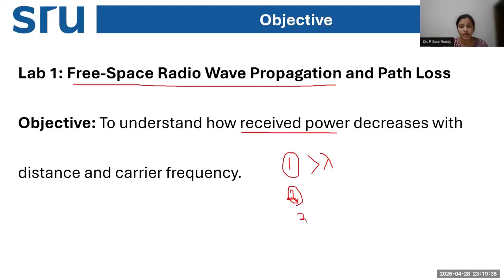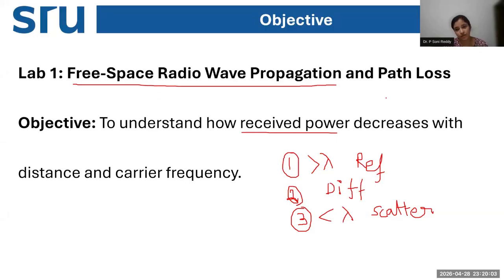And third, if the size of the object is less than the wavelength of the transmitted signal, it is scattering. So we had reflection, diffraction, and scattering. These 3 are the main parameters based on which we would have variation in the signal propagation from the transmitter to the receiver.